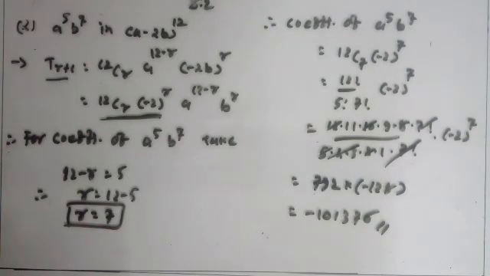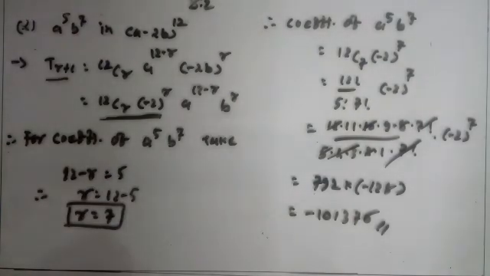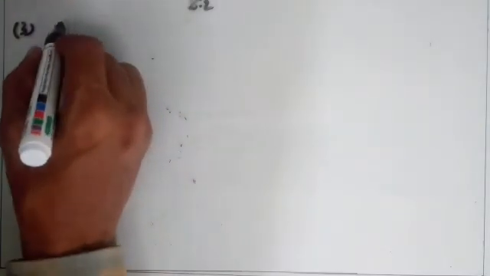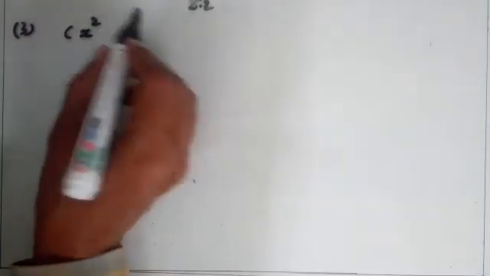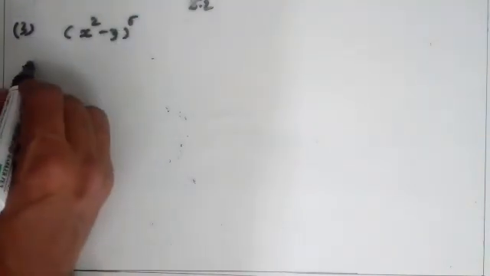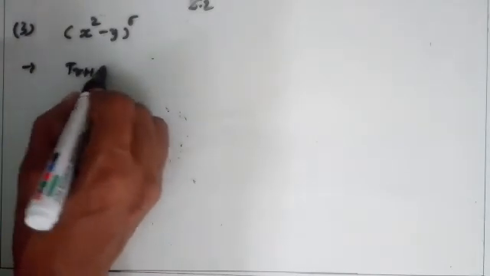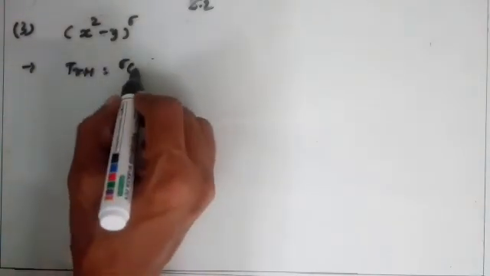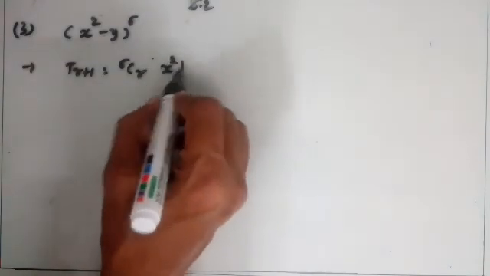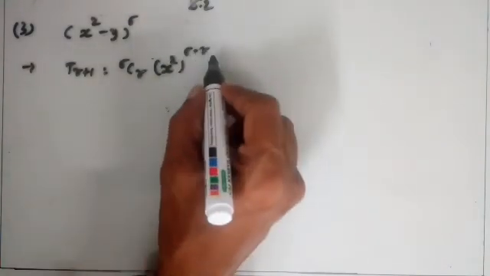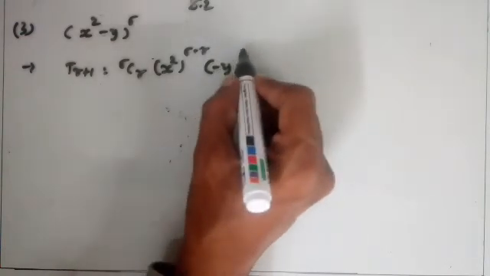Okay. Now next question. Write the general term in the expansion of x raised to 2 minus y raised to 6. So here the general term T r plus 1 is equal to 6Cr, x raised to 2 raised to 6 minus r, minus y raised to r.